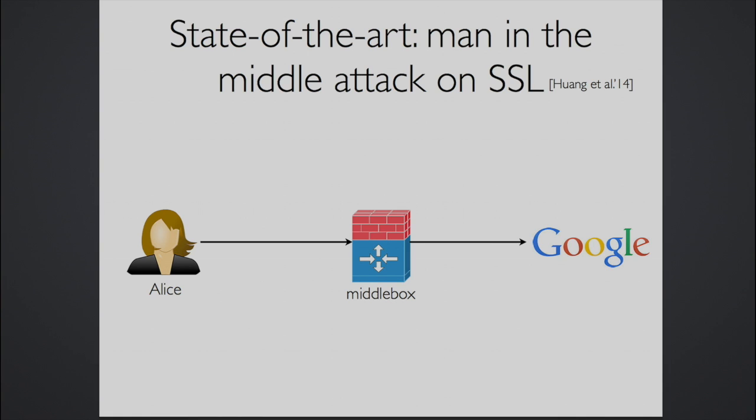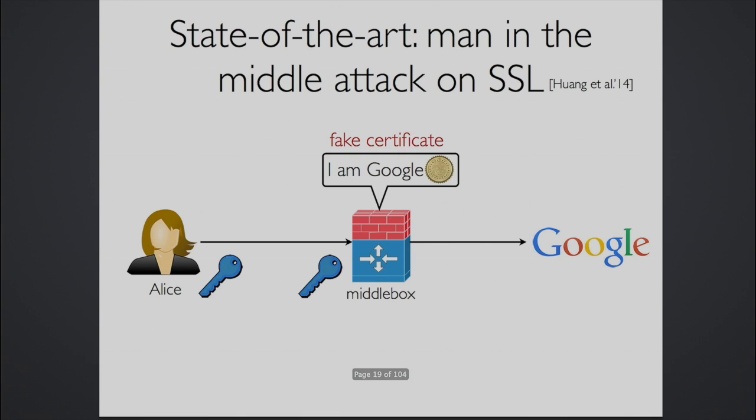What they do is they install a fake certificate at the middle box, claiming that the middle box is the server the user wants to talk to. Because of this fake certificate, for example, claiming it's Google, the middle box and the user will actually share a key with the middle box instead of sharing the key with the actual server. So now the middle box can decrypt all of the user's traffic and run its detection.